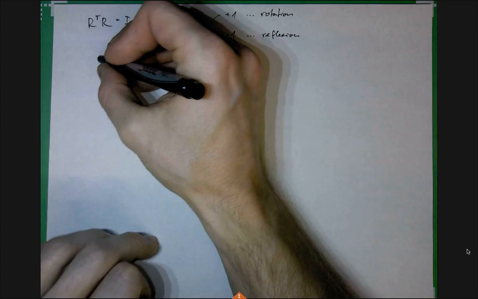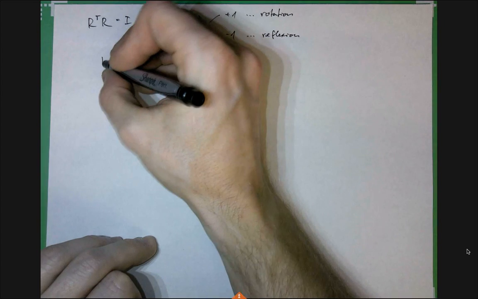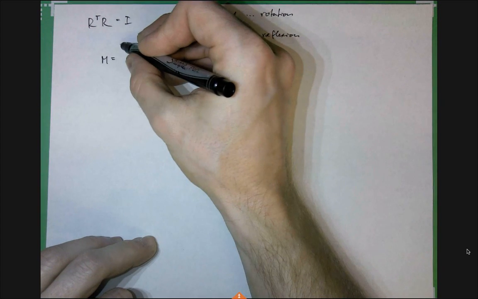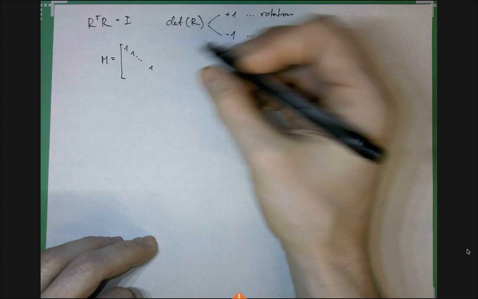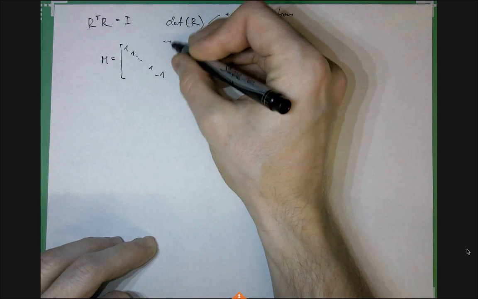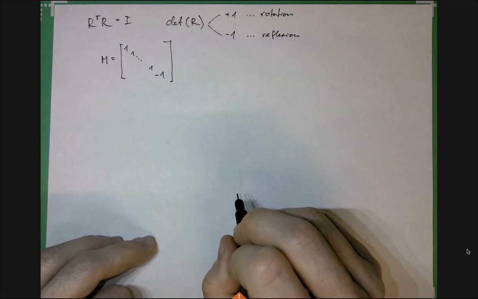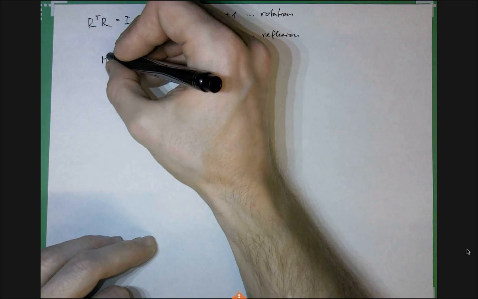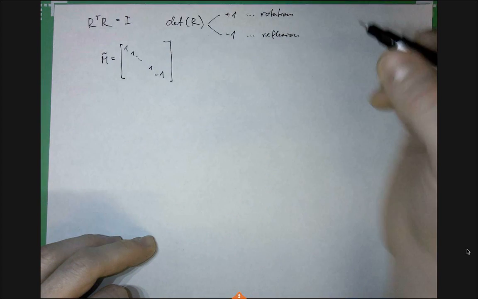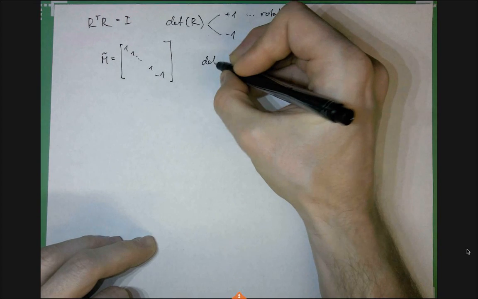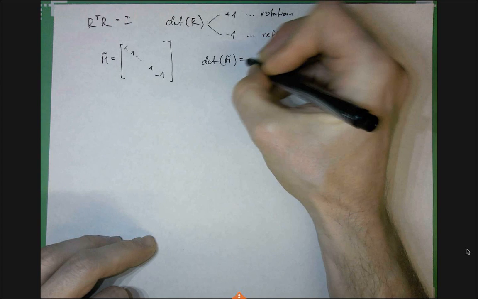And it turns out that the solution, I don't know if you could guess this. No, I don't have time. No time for any guesswork. The solution is that M will be a matrix almost like before, but with the last element -1. Let's call it M tilde. Clearly the determinant of M tilde is -1, right?